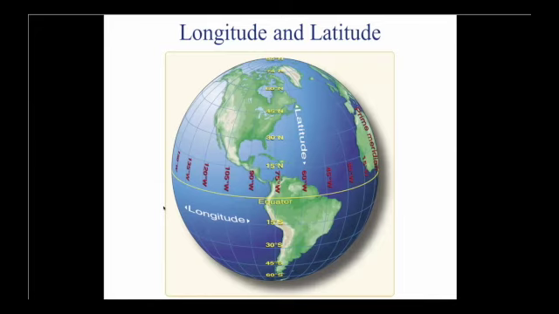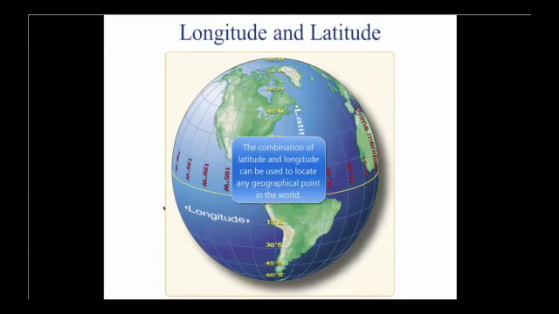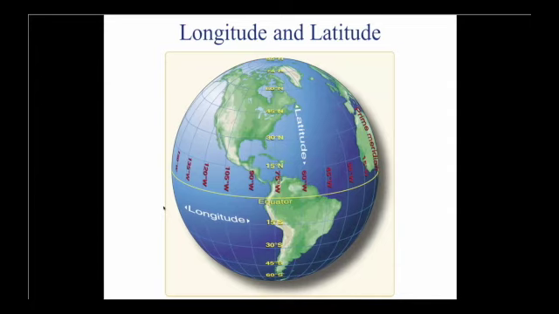The arrows in this figure labeled longitude point to lines of longitude. Any specific geographical point can be located by reference to its longitude and latitude. Washington, D.C., for example, is approximately 39 degrees north latitude, 77 degrees west longitude.